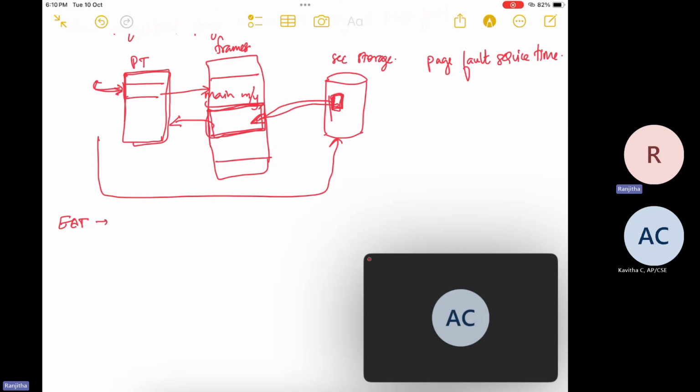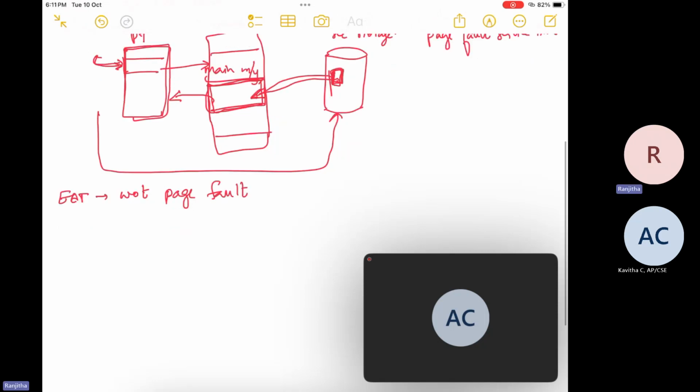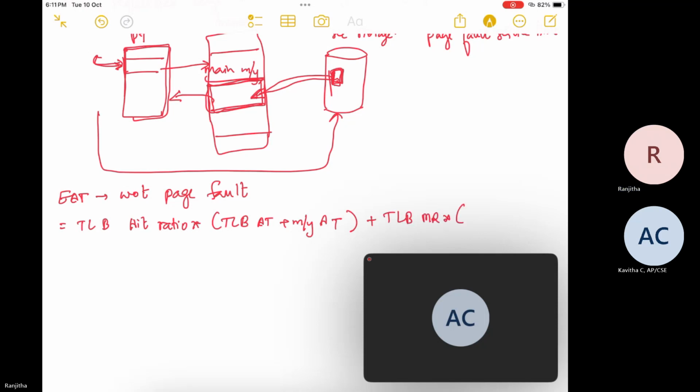In such a scenario, effective access time without page fault will be TLB hit ratio into TLB access time plus memory access time, plus TLB miss rate into (L plus 1) into memory access time, where L is the number of levels in the paging.